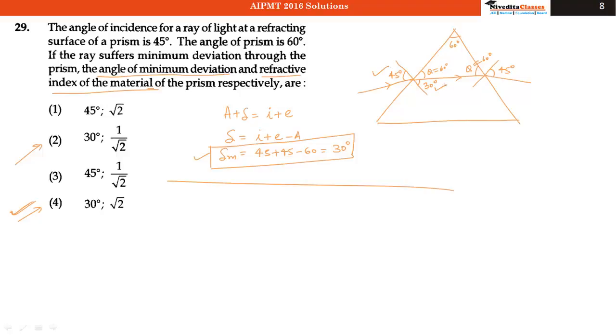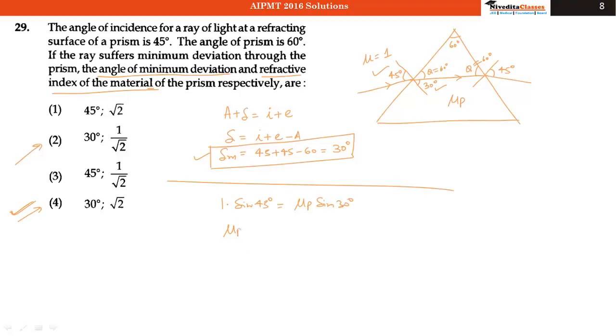So now using Snell's law here, if refractive index of air is taken as 1 and refractive index of prism is taken as mu p. So 1 multiplied by sine 45 degree, that will be equal to mu p into sine 30 degree. Okay.